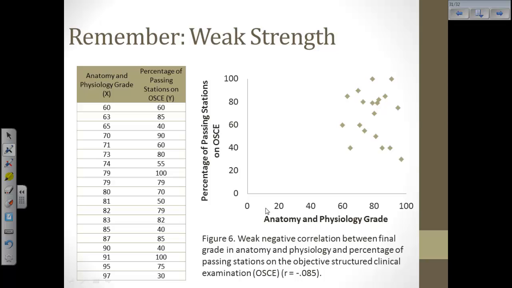We have no access to what the percentage of passing stations would have been for people with a low anatomy and physiology grade because they never even got to that point. So we don't have any data for these people here. Again, this was a weak negative relationship, and that could be underestimating the true relationship because we don't have anybody with a really low grade in anatomy and physiology. Everybody who got to go on and take this exam passed anatomy and physiology.